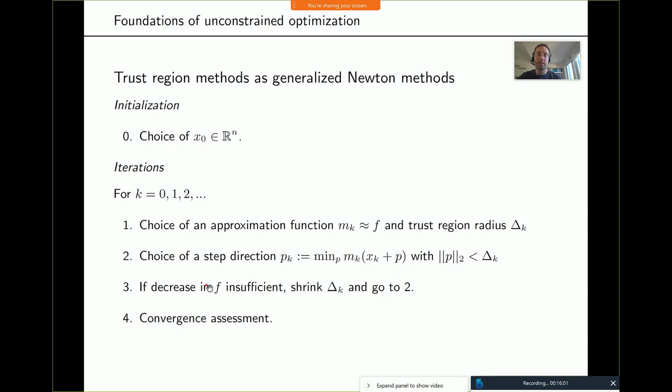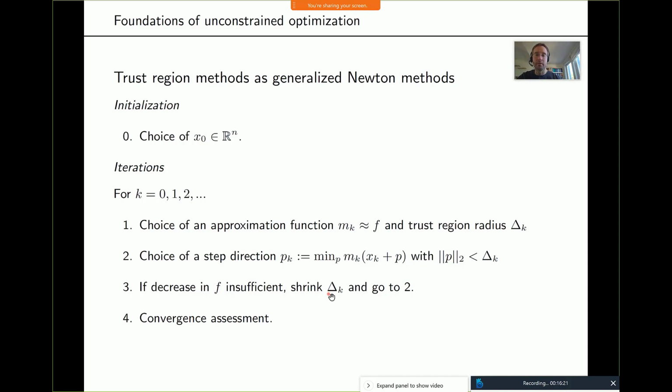If this doesn't decrease f as much as you want, this might be due to the fact that your approximation is bad this far away from where you currently are, and hence you want to make your trust region smaller.